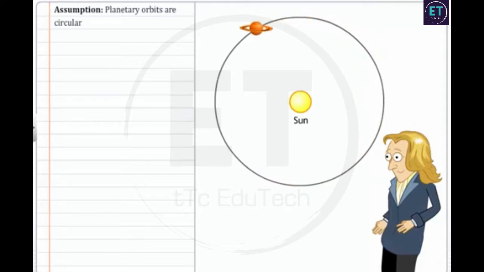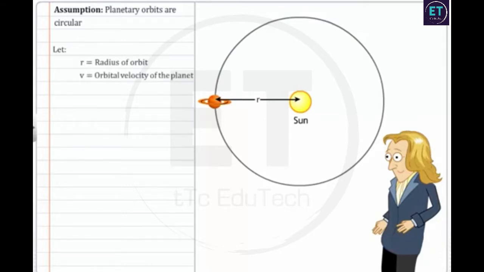If a planet revolves around the Sun in a circular orbit of radius r with a velocity v, also referred to as the orbital velocity of the planet, then the force on the planet is F proportional to v squared divided by r. Let's call this equation 1.